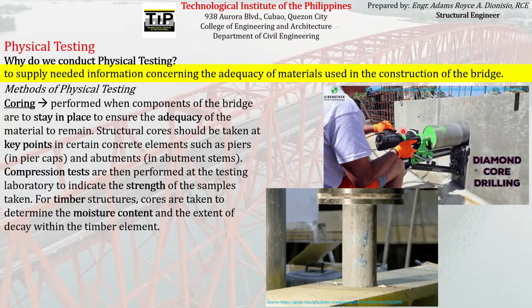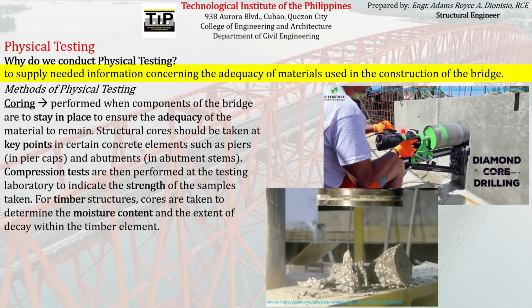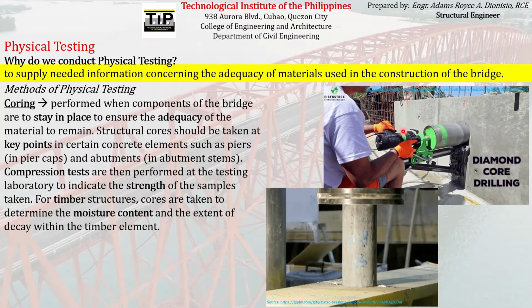So usually we conduct coring for those bridge components that are needed to stay in place, because obviously we cannot subject to compressive tests those actual bridge components that are already erected on site.